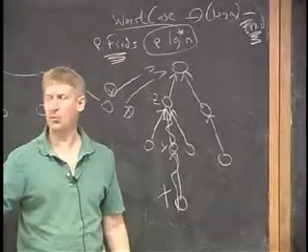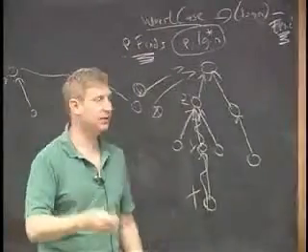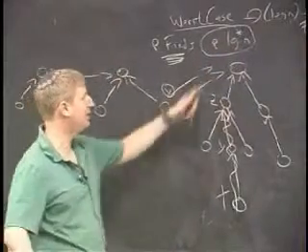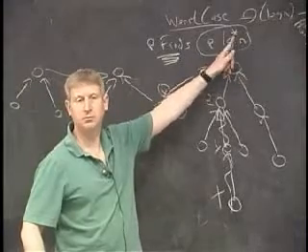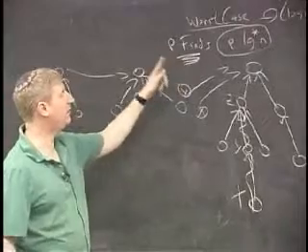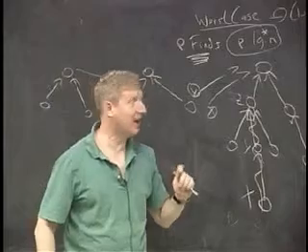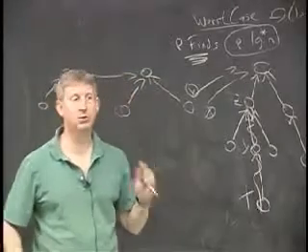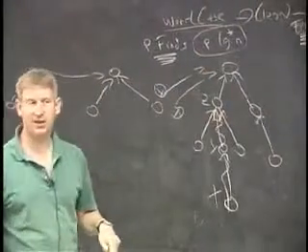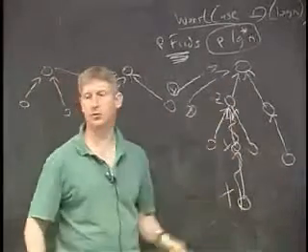Log star of any normal number in the universe is 5 or less. So it's an incredibly slow-growing function. You can put any size graph in the universe in here, and this would be 5 steps at the worst. So over the long run, if you do p finds, they're really taking 5 steps each, at most, not log n. That's a really cool result. And all you have to do to get that nice result is take these vertices as you go up and point them to the root.